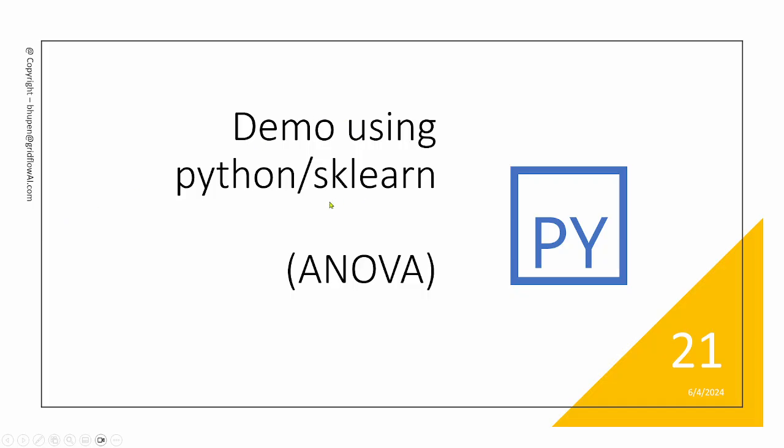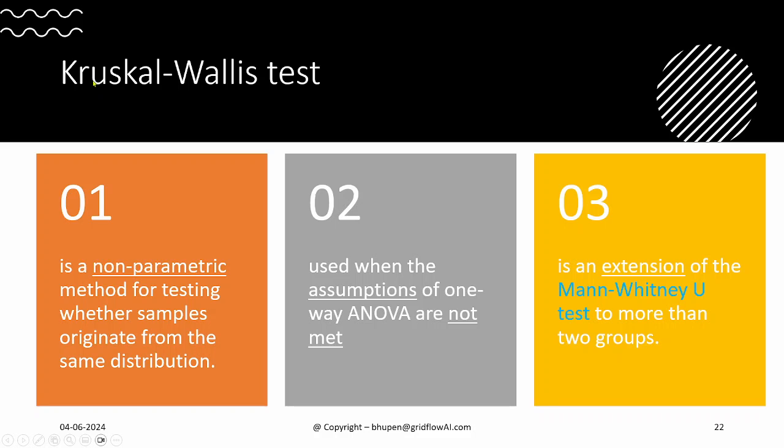Okay, so that was the demo on ANOVA using Python and SciPy package. Now, just like in the t-test, we talked about the cases where the data is not normally distributed and also is not meeting other assumptions like homogeneity of variances.